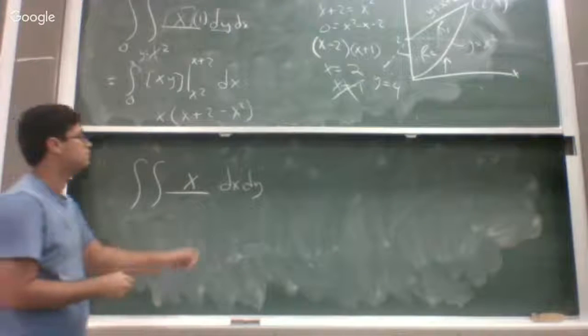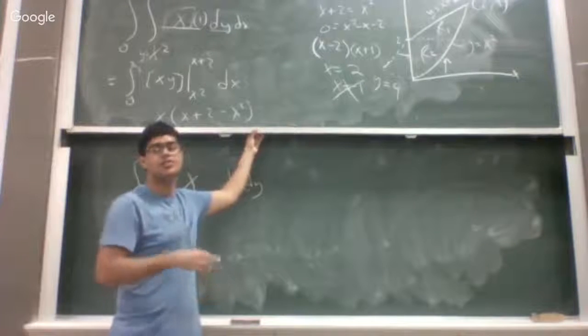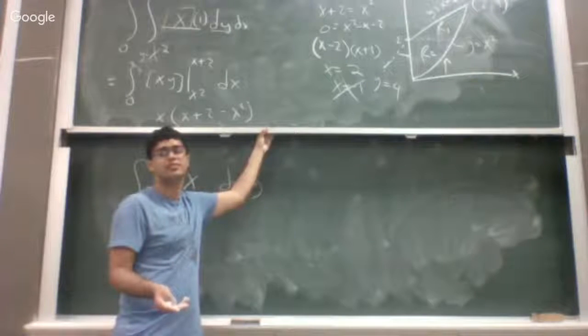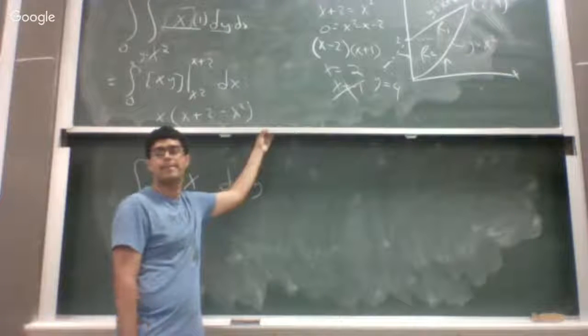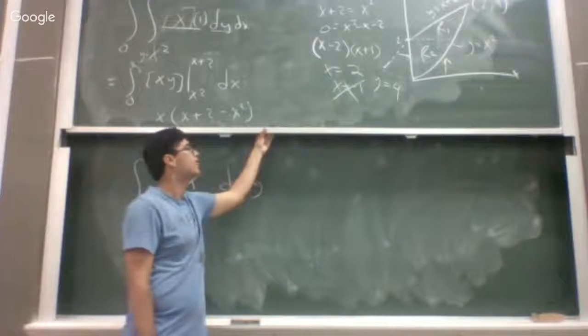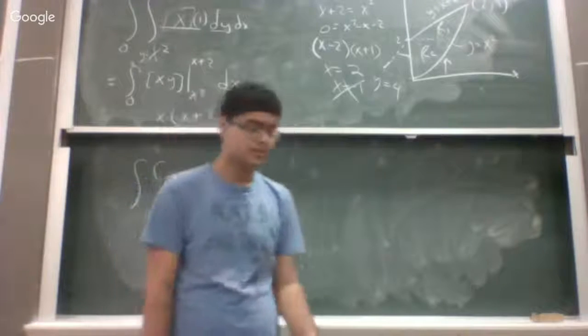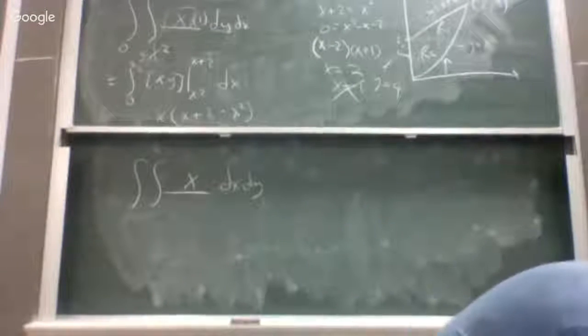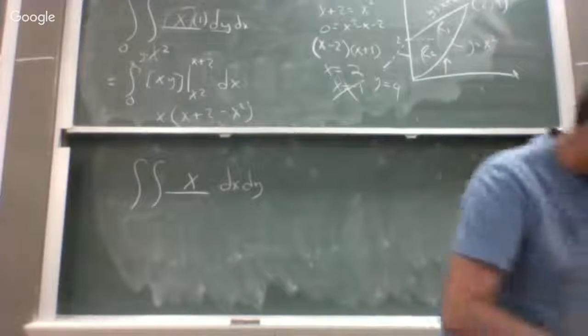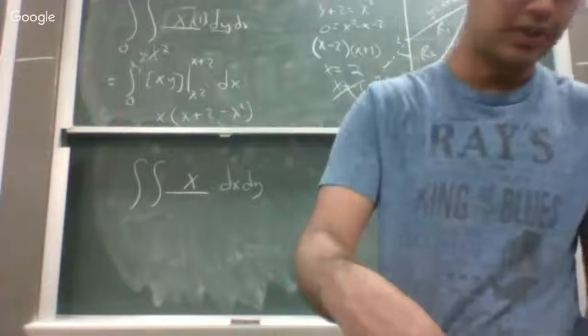Wait, why is X? X is just a function they told us. Oh, so do they? How would we get? They tell you. No, what did they say? How would they say X? In a 3D one, you won't, but in a double integral.